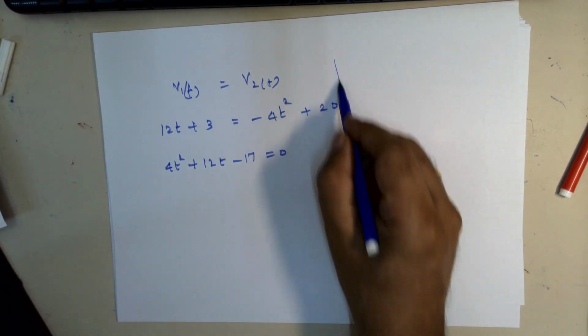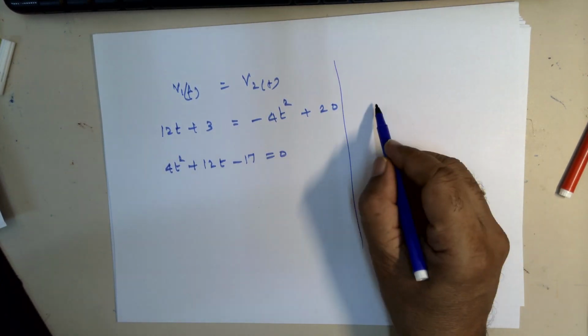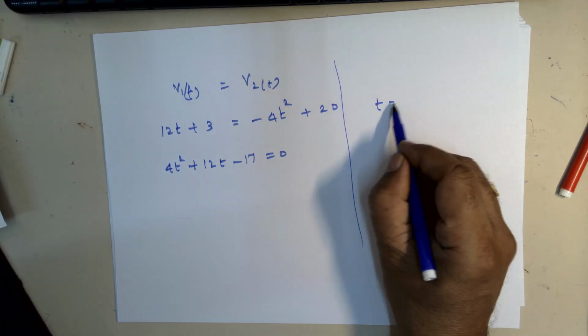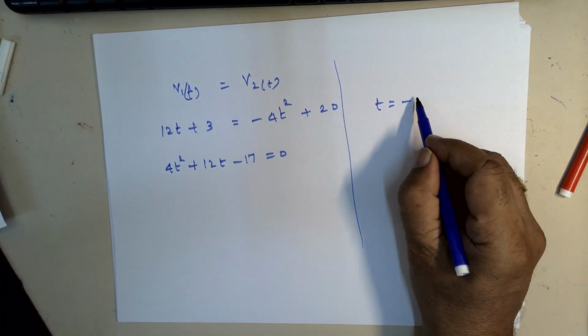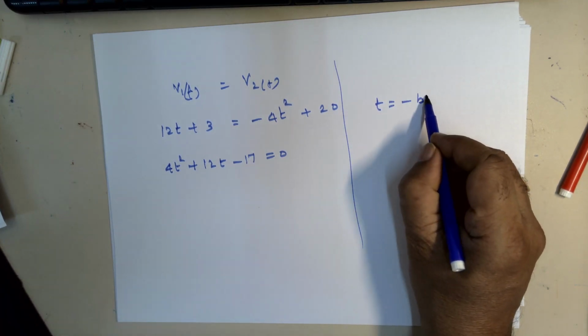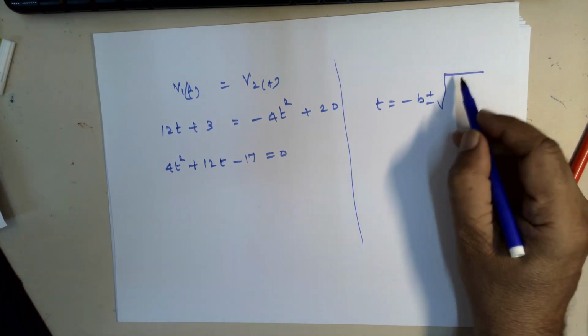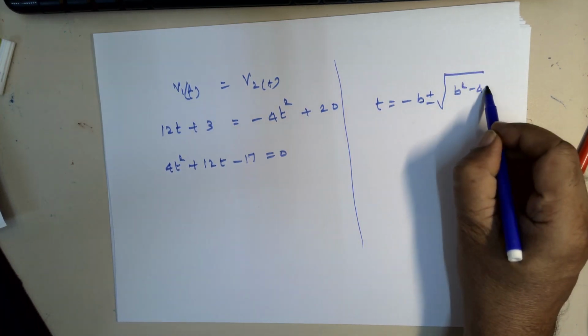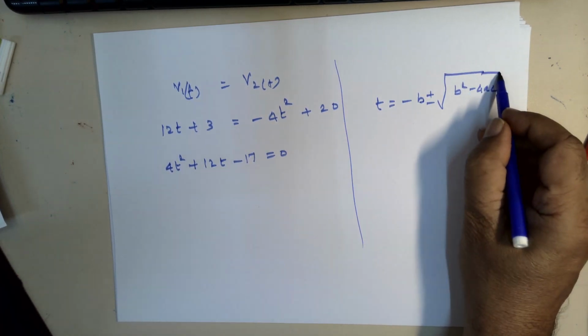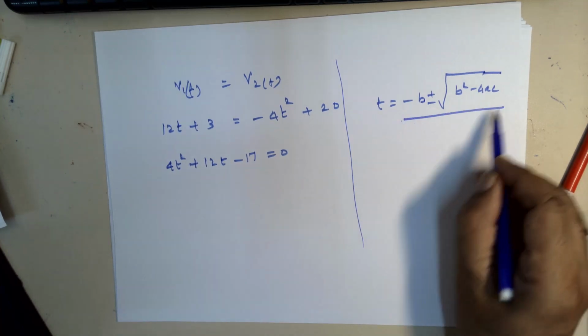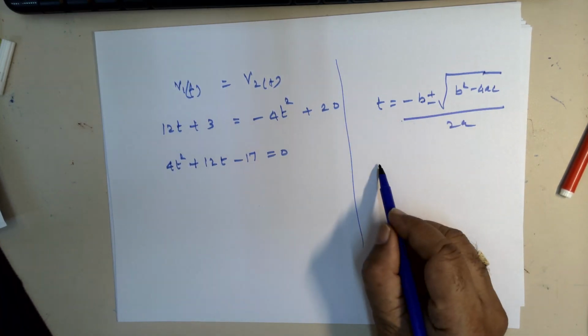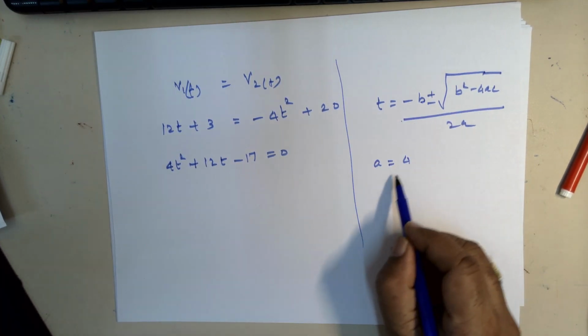Now you can apply the quadratic formula. What is the quadratic formula? T is equal to minus b plus or minus the whole square root of b square minus 4ac, divided by 2a, entire 2a. Now what is a here? 4.